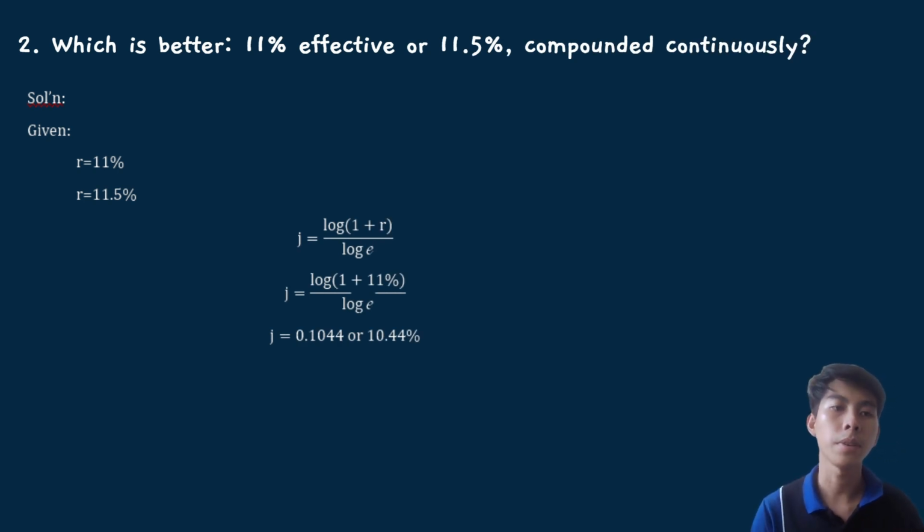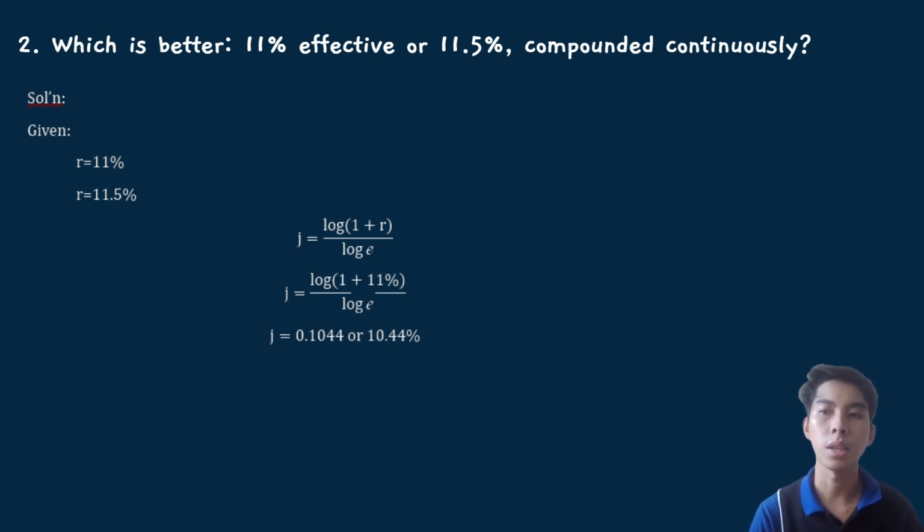For our solution, we have given R equals 11% and R equals 11.5%. First, we solve for R equals 11% effective rate.